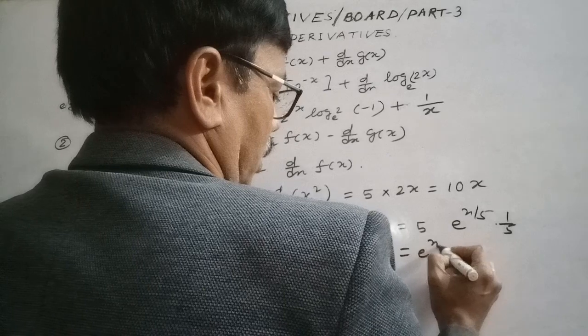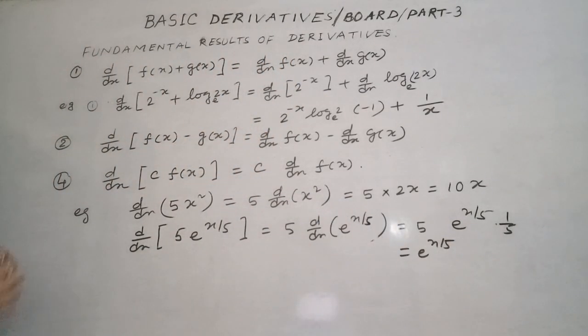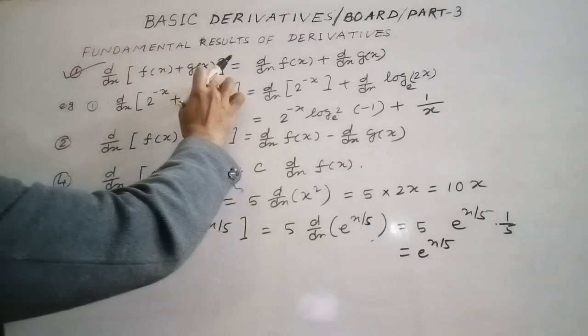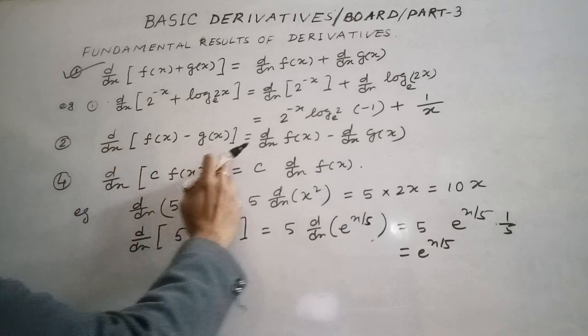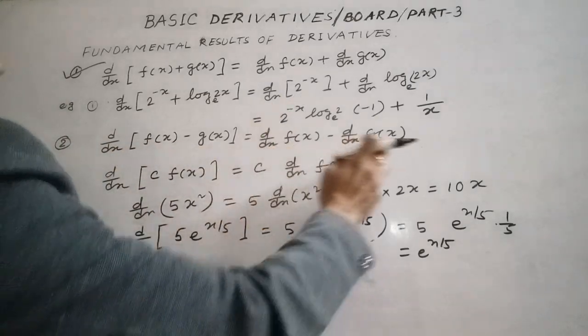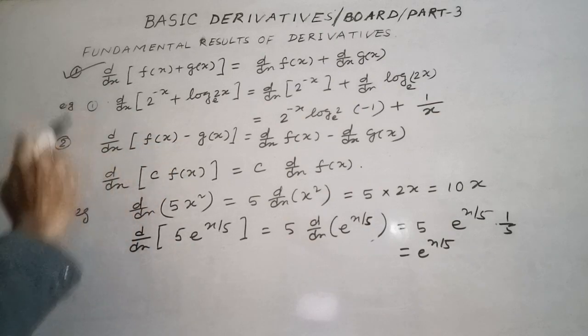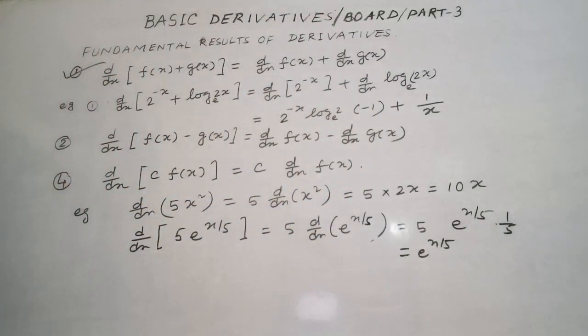So e to the power x by 5 into 1 by 5. So fundamental result 1: the sum of derivatives is the derivative of their sum, the difference of derivatives is the derivative of their difference, d/dx of c is 0, and d/dx of c into f(x) equals c into d/dx of f(x).